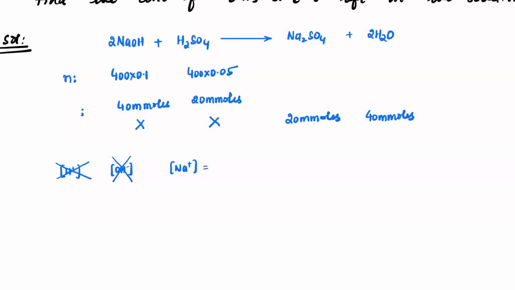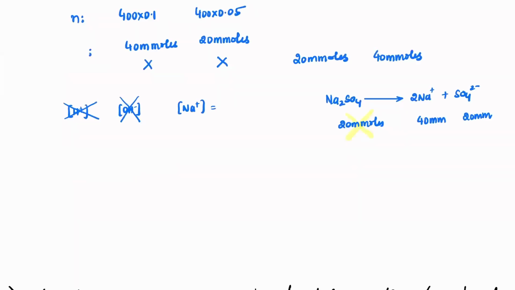Now, for every 1 mole of Na2SO4, there are 2 moles of Na plus present in it, isn't it? Na2SO4 is going to be in the ionized form in aqueous solution, hence if I had 20 millimoles here, this will be completely ionized to form 40 millimoles of Na plus and 20 millimoles of SO4 2 minus.